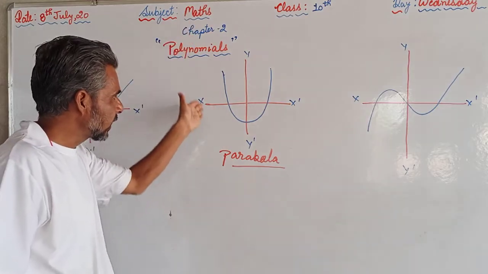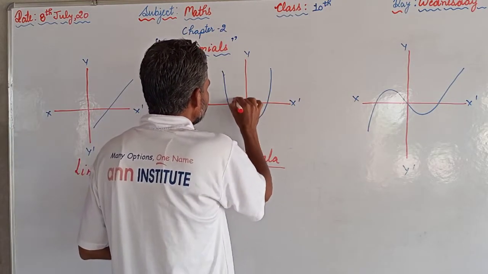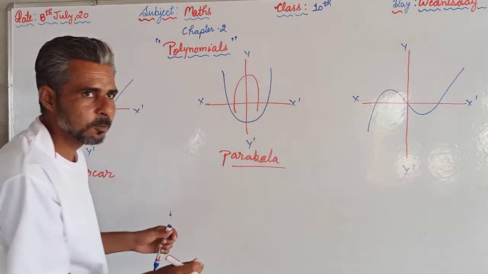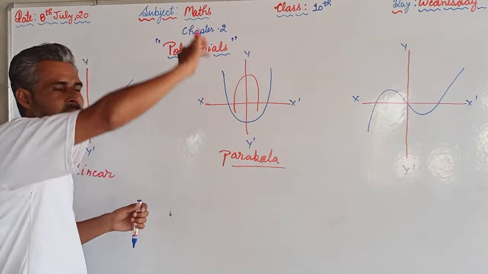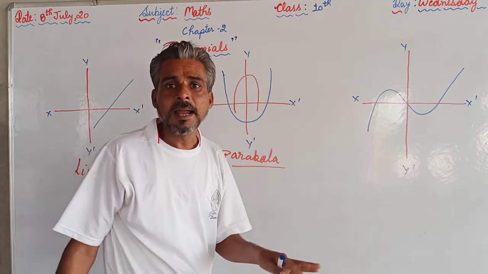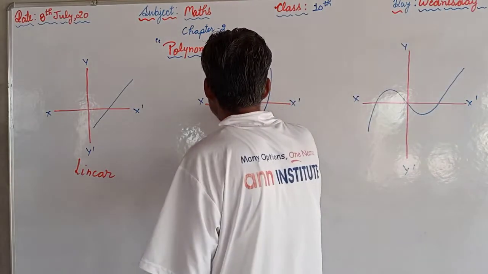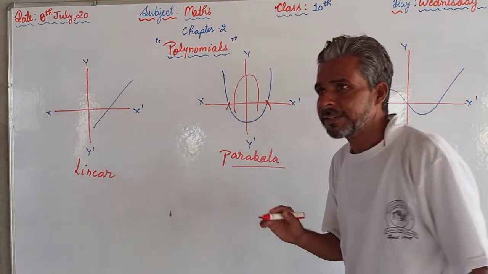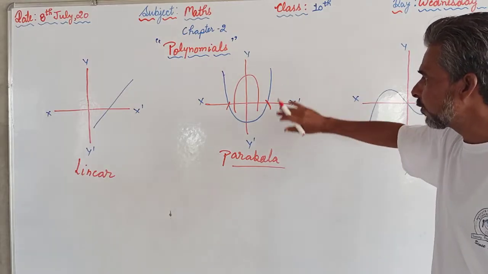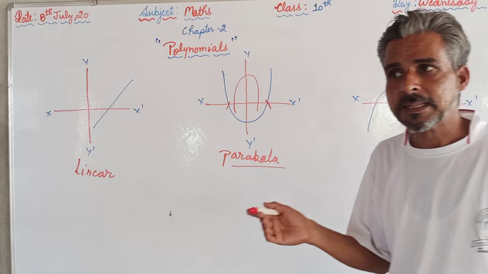If the shape is like that, like this, or this can be like this as well. ऐसा भी हो सकता है ऊपर के टाइप पे, और ऐसा भी हो सकता है. If this is like that and cutting the x-axis at two distinct points, अगर x-axis को two distinct points पे cut कर रहा है, means one is there and one is here, then we can say that this is the graph of the quadratic polynomial. This is the quadratic polynomial, means the degree is 2.